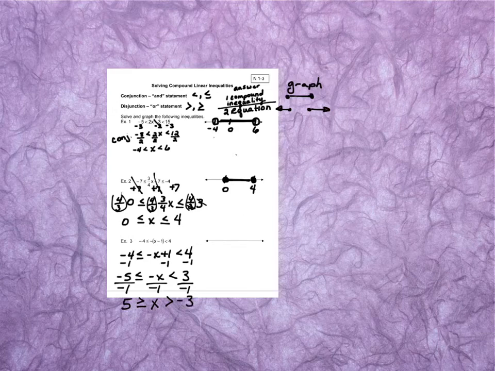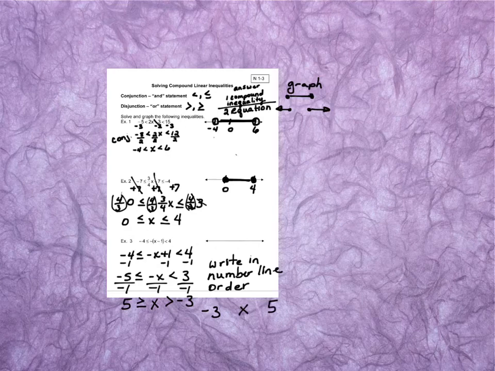Now it's important when you have these conjunctions and you write them as one equation, I want you to put your answers in what I call number line order. So what that means is you've got to put your lowest number first, and your lowest number is a -3, and you have your X and then your 5.